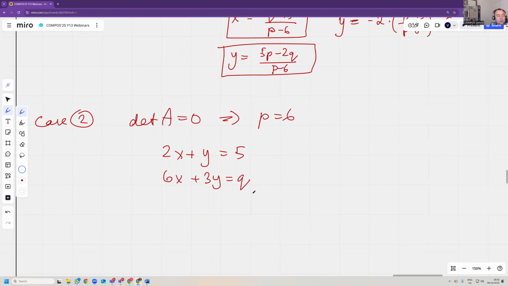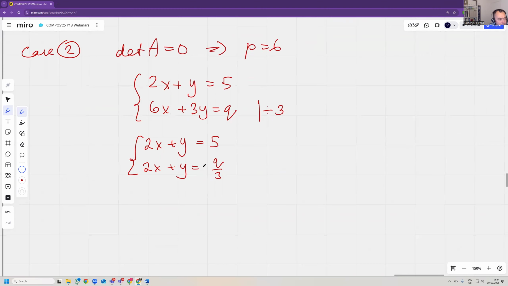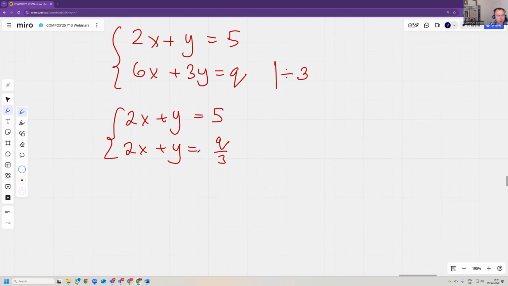Now, if we divide the second equation by 3, we get 2x plus y is 5, and 2x plus y is q over 3. The left-hand sides are exactly the same, so the right-hand sides have to be exactly the same. That means q over 3 must equal 5, so q is 15.